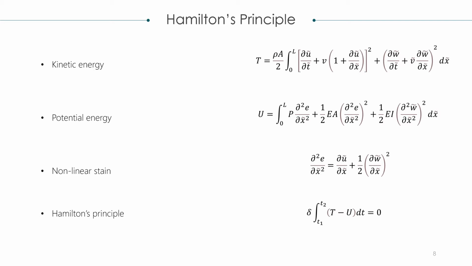The kinetic energy is obviously related to the speed and the mass, which is defined by the cross-section and the density of the belt. Notable here is that the potential energy formula is defined using a two-term nonlinear strain, which has two components as the name says. Two components on both directions of motion.